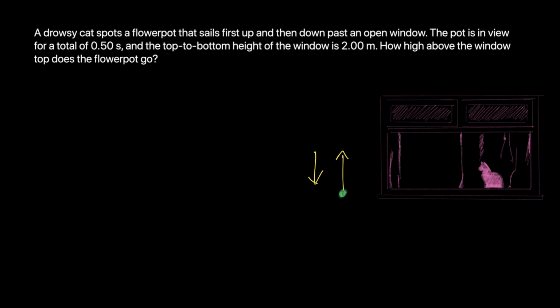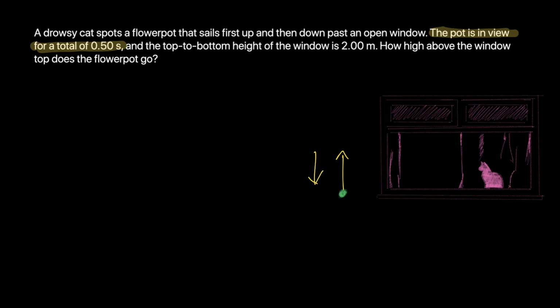One interesting bit over here is that the pot is in view for a total of 0.5 seconds. So this pot is going up, then comes back down, and that total count is half a second. So while it's passing this 2 meter length for the first time, it took half that time, because it goes down again, right?